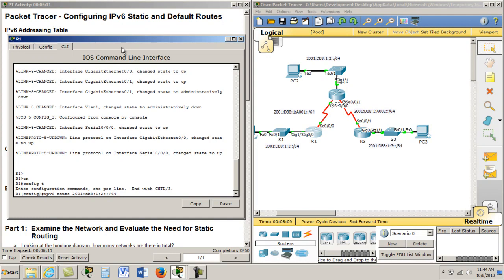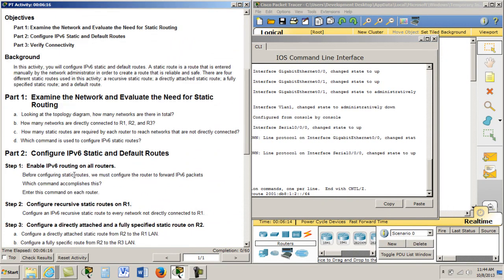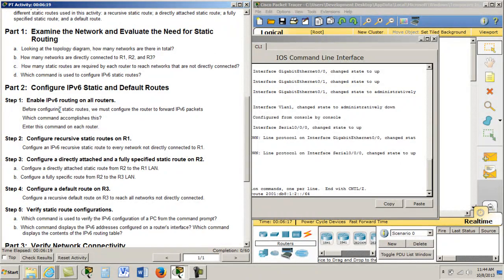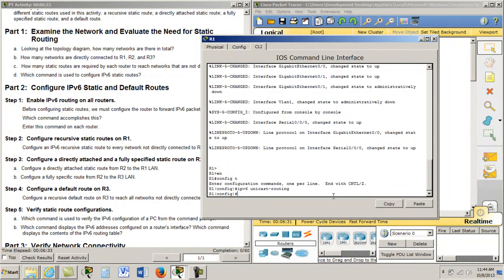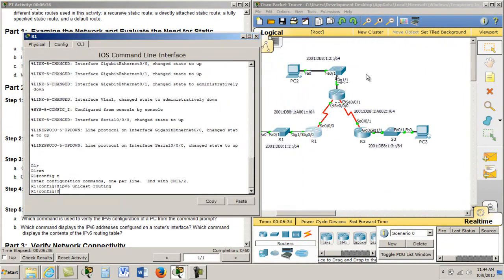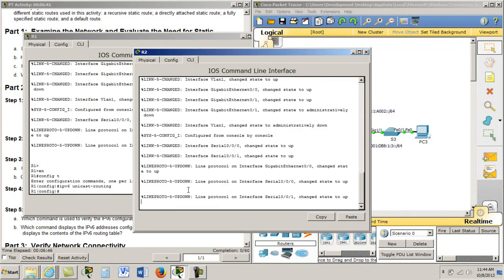Now what do the directions on this particular activity tell us? First and foremost, we have to enable IPv6 routing on all routers. So we do need to go back and do that first. That is the ipv6 unicast-routing command. That enables IPv6 to be routed on this router. IPv4 is routed by default, but if we want to route IPv6, then we must enter that command on every router on which we intend to route IPv6.